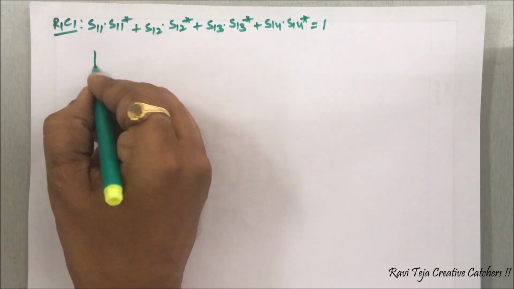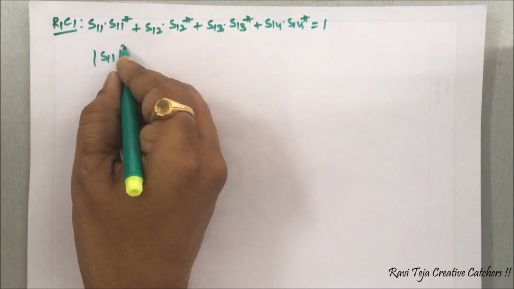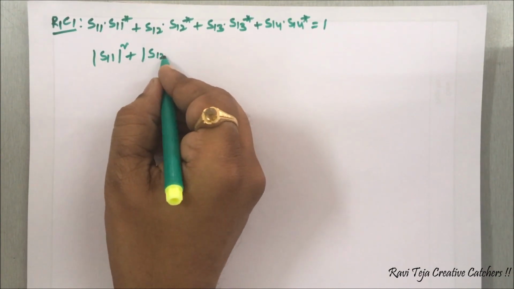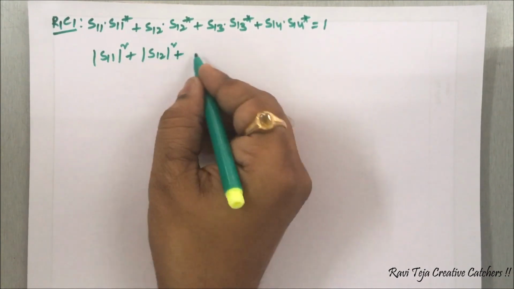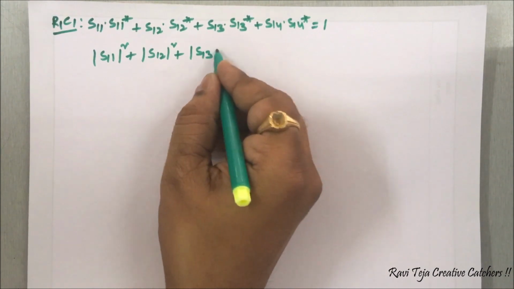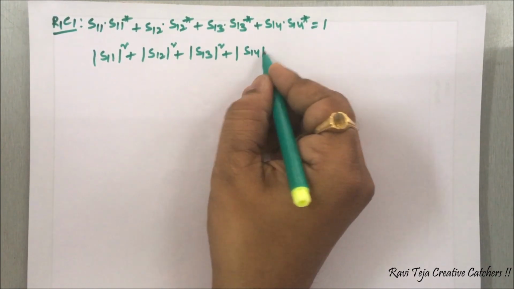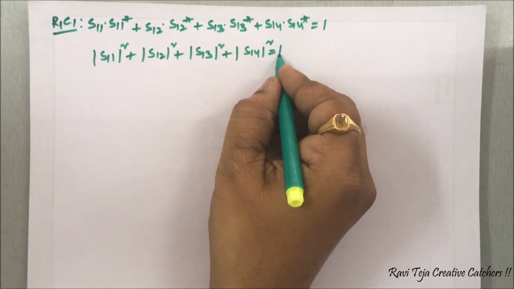This can be written as modulus of S11 whole square plus modulus of S12 square plus modulus of S13 square plus modulus of S14 square is equal to 1.